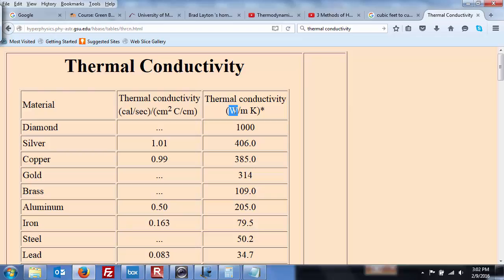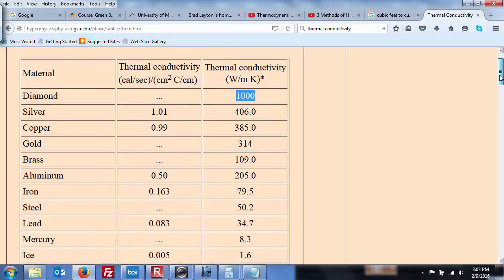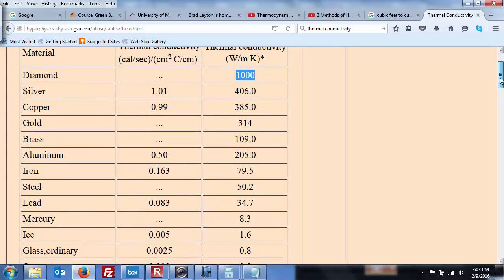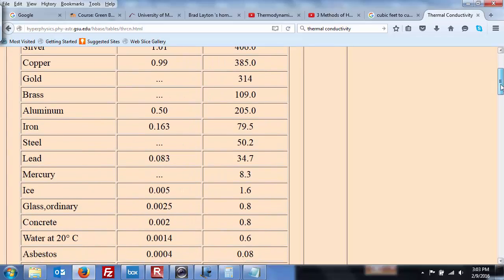We know what watts are, that's power. We know what meters are, that's length, and we know what K is, that's Kelvin. You can also just think of that as Fahrenheit, it doesn't really matter. So what this is telling me is that diamond will conduct heat very quickly. It'll either give it or take it. Steel is less, mercury is less, there's ice, there's glass, there's concrete.